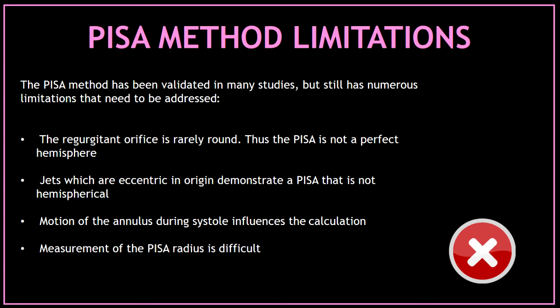Jets which are eccentric in origin demonstrate a PISA that is not hemispherical. The motion of the annulus during systole influences the calculation. Measurement of the PISA radius can be difficult.